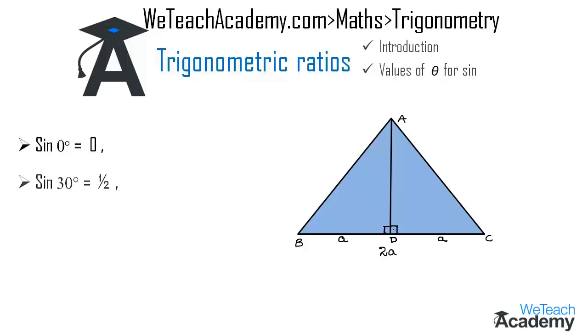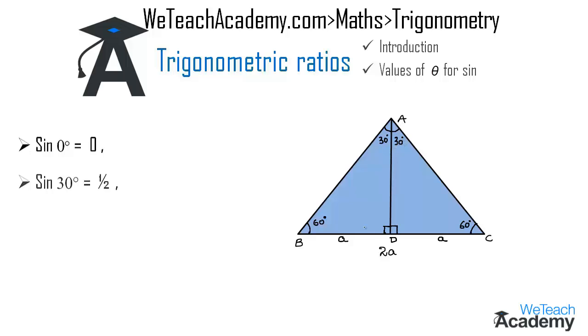Here it bisects and we get 90 degrees at the vertex D, and then angle BAC. Here it is an equilateral triangle, so all angles will be equal to 60 degrees, and angle BAD will be equal to angle CAD, which will be equal to 30 degrees.